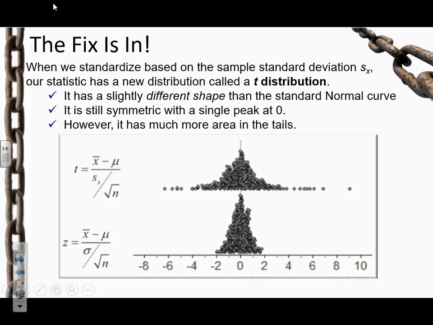Whereas the t-distribution has more variability, values that fall farther away from the mean, and therefore less area towards the middle. So very, very similar shapes. The only difference is more area at the tails, less area in the middle.